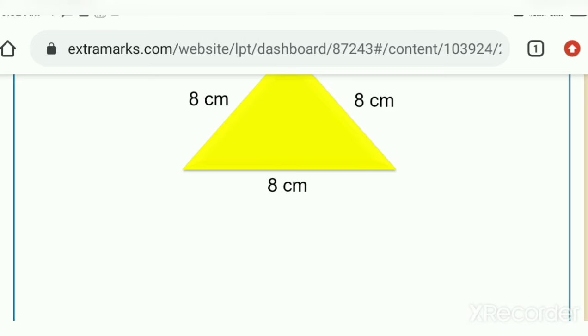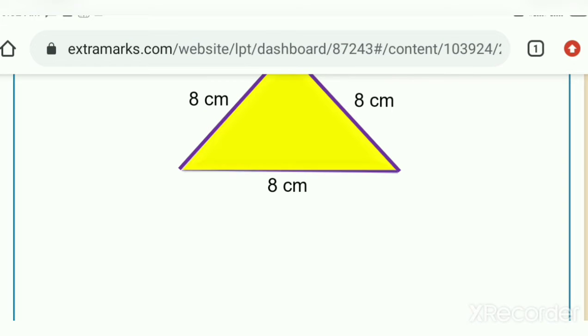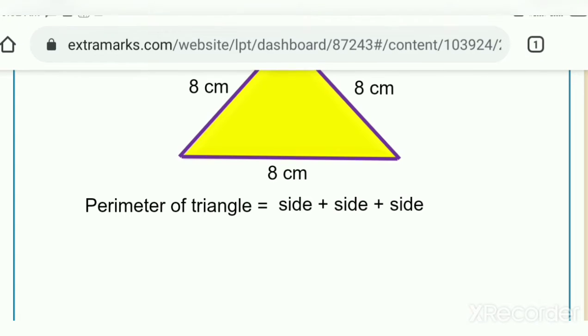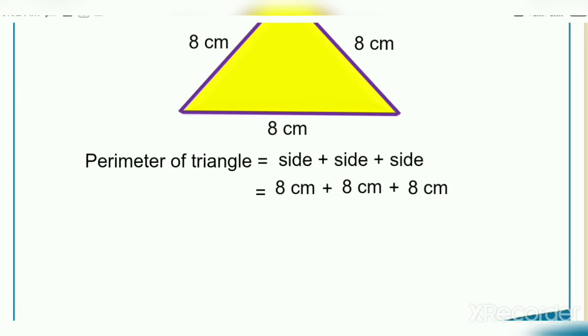All sides of this triangle measure 8 centimeters each. So we can write 8 plus 8 plus 8, which is equal to 24 centimeters, or 3 times of 8, which is also 24 centimeters.